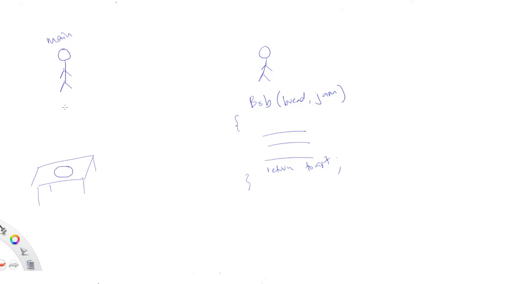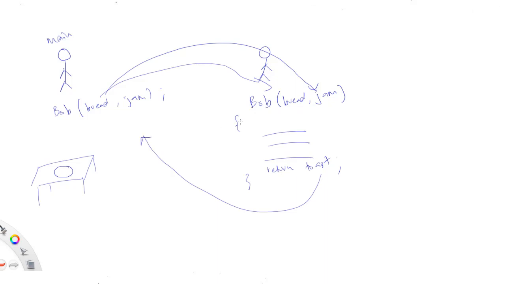If I call Bob, Bob needs bread and he needs jam, so I will give Bob the bread and I will also give Bob the jam. Bob will receive the bread and the jam, he will make the toast, and he will return the toast back to you. So this is a function with a return value.